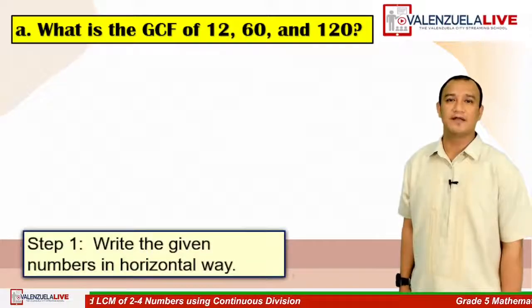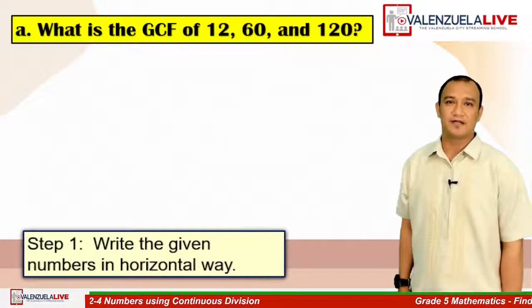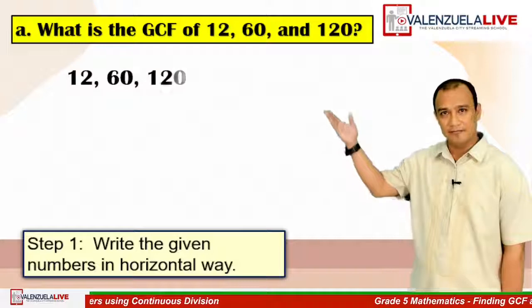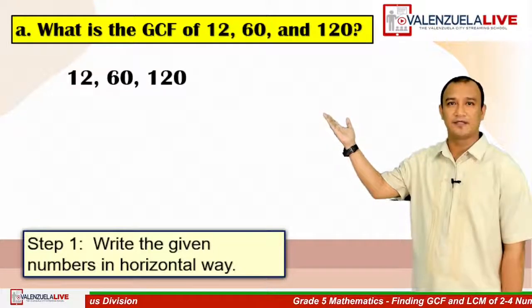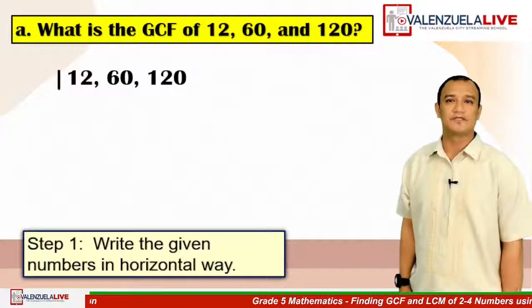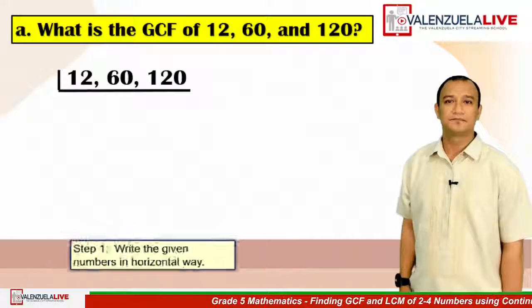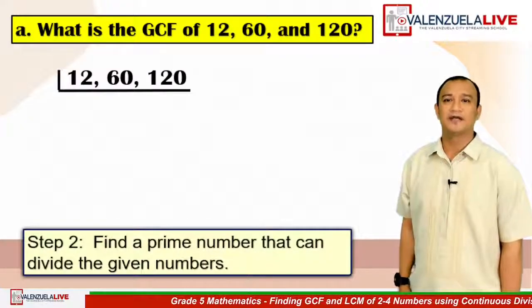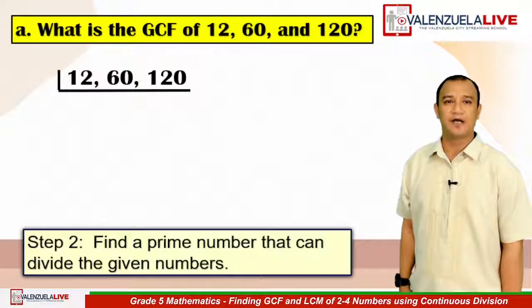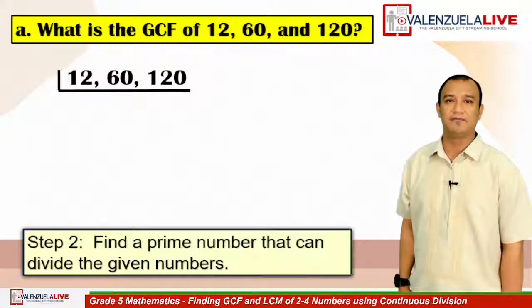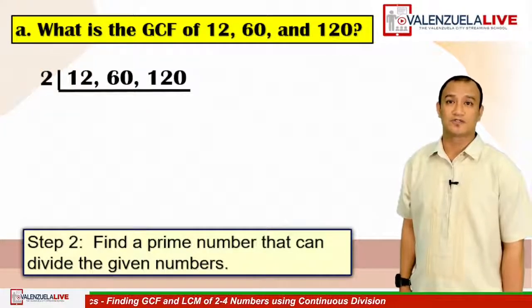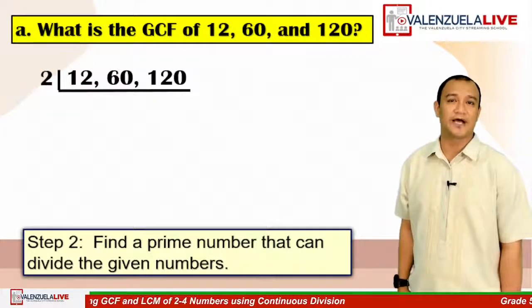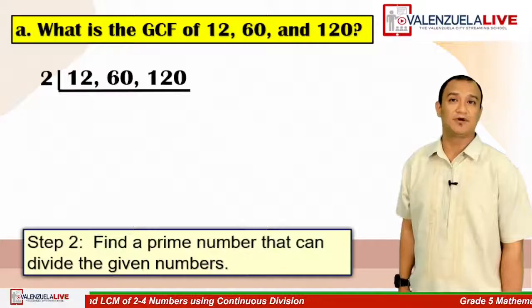For step 1, write the given numbers in a horizontal way, like this: 12, 60, and 120. For step 2, find the prime number that can divide the given numbers. Let's have a prime number 2, because 12, 60, and 120 are divisible by 2.